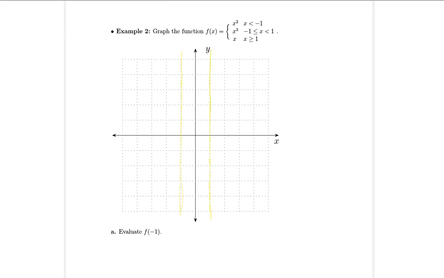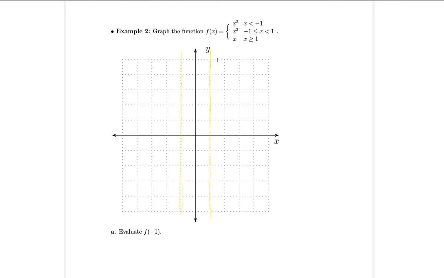Another thing is making sure that you have your basic toolkit functions memorized. So remember y equals x squared, y equals x cubed, y equals x. Those were all toolkit functions. Those are things that from standard 1, we just want to have those in our brains.